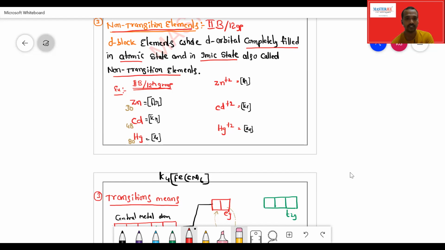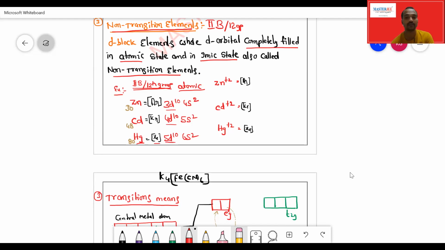See here, zinc, cadmium, mercury in atomic form: zinc is argon 3d10 4s2, cadmium is krypton 4d10 5s2, mercury is xenon 5d10 6s2. Completely filled d orbital.